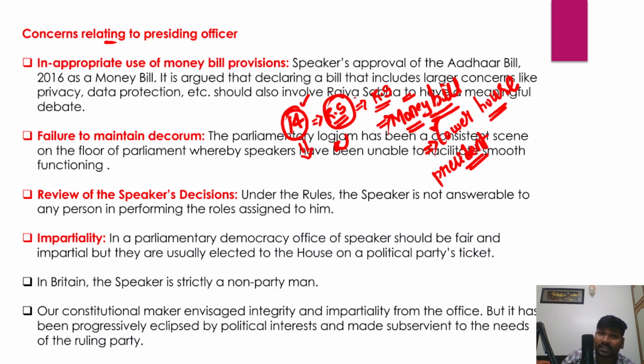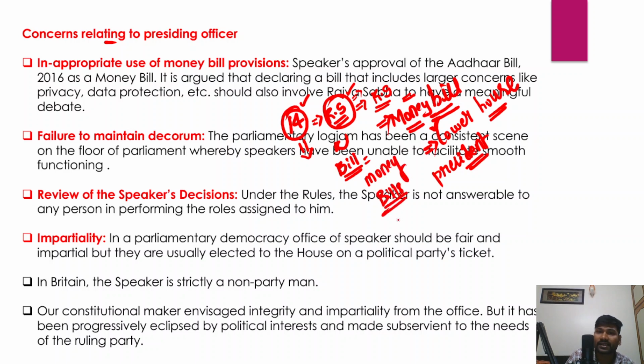And here Rajya Sabha has limited powers with respect to money bills, and because of that, the government has been branding certain legislations as money bills so that it could bypass the Rajya Sabha. So if the government doesn't have the numerical strength in Rajya Sabha, it actually passes bills as money bills.